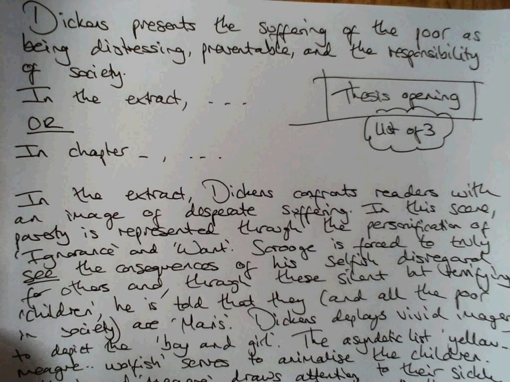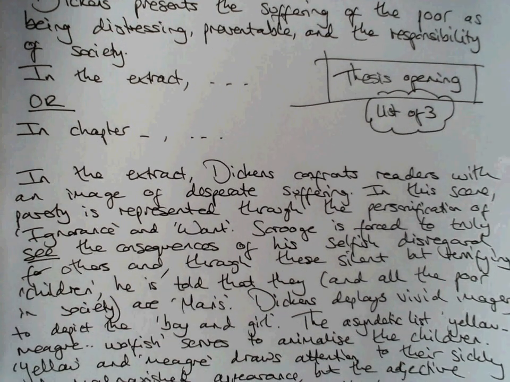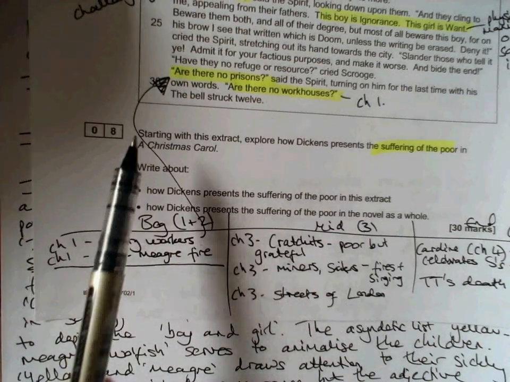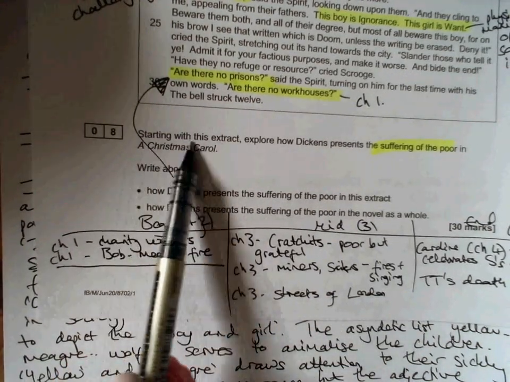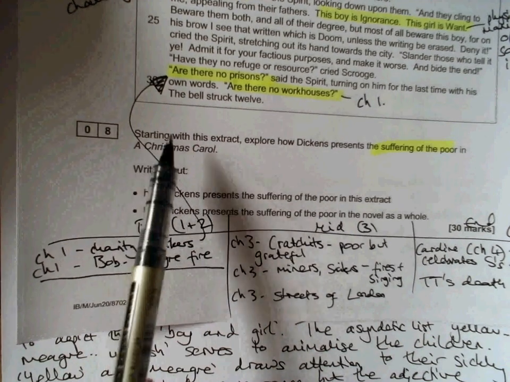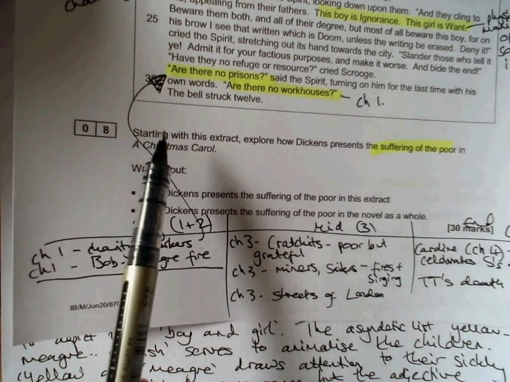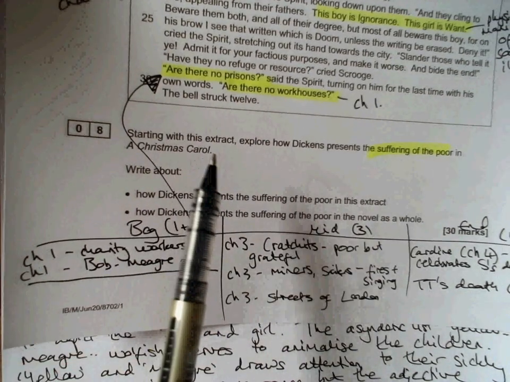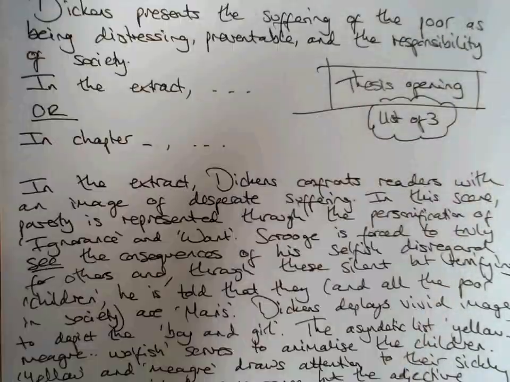And then it doesn't matter whether you start with the extract or the rest of the novel. As I've said before, the question always says starting with the extract, but you don't have to start with it. It just means this is your jumping off point. This is a place to start from, to start considering your ideas. But if you want to, you can start elsewhere.